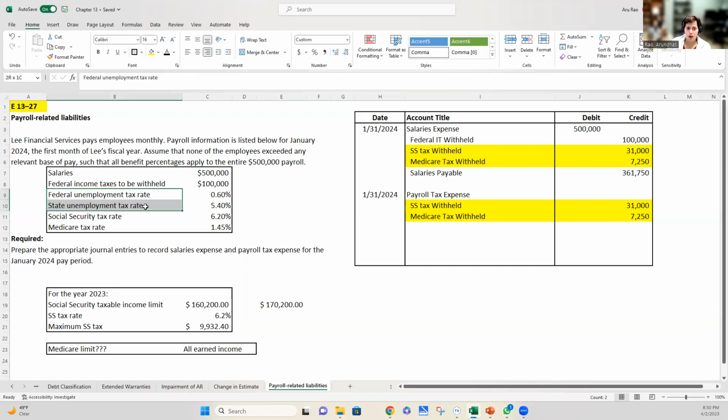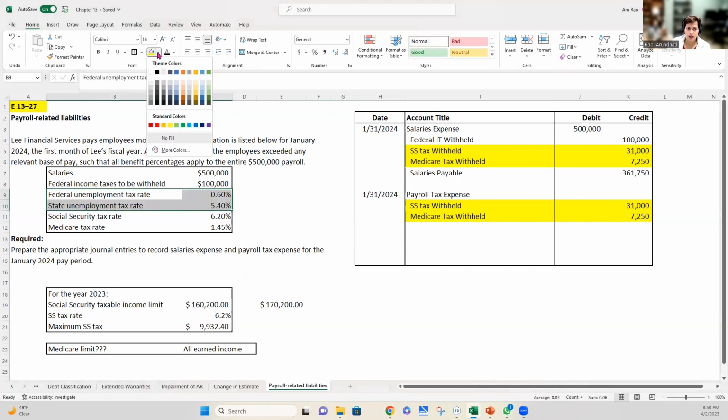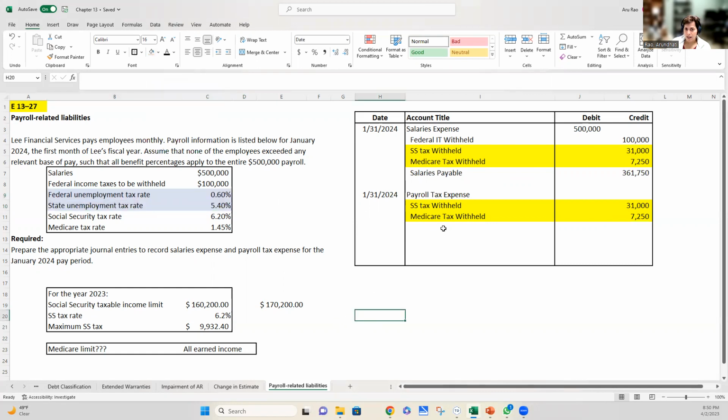Now, we also have to pay as the employer. I also have to pay these unemployment taxes, the federal unemployment tax and the state unemployment tax. The federal is 0.6% on the 500,000, which is 3,000, and the state is 5.4%.